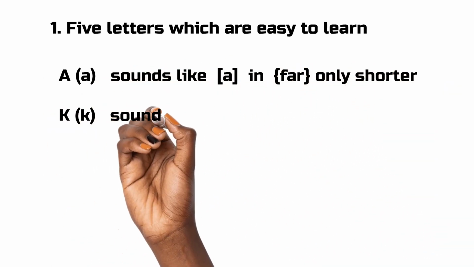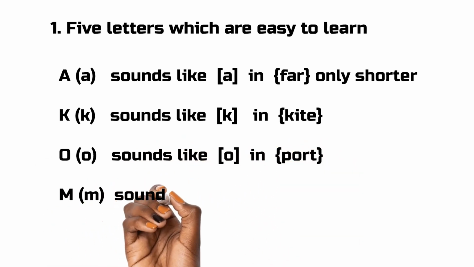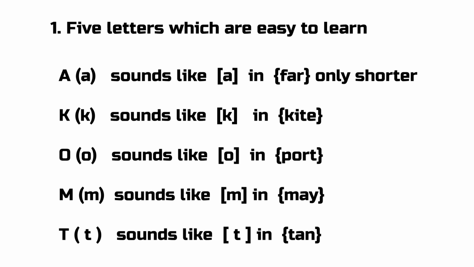A sounds like A in far, only a bit shorter. K sounds like K in kite. O sounds like O in port. M sounds like M in May. T sounds like T in tan.